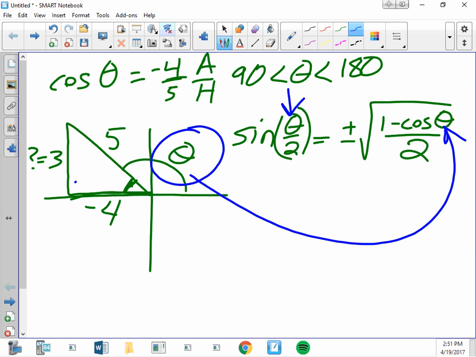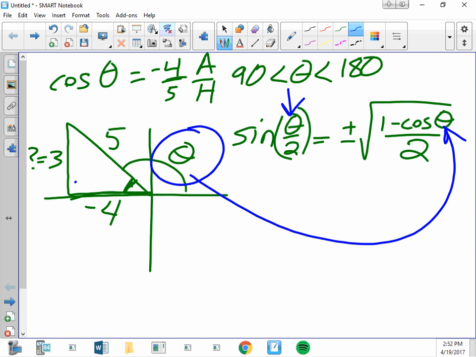And now this is important: if theta is in quadrant 2, and we want to know theta divided by 2, where does theta divided by 2 land? It's got to be in quadrant 1.